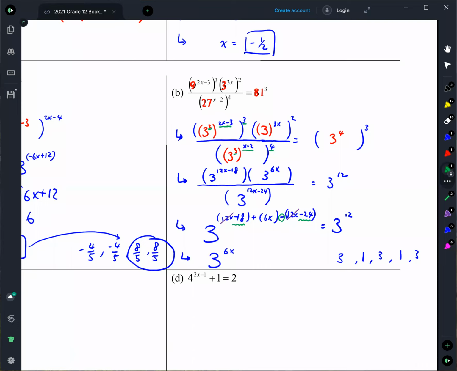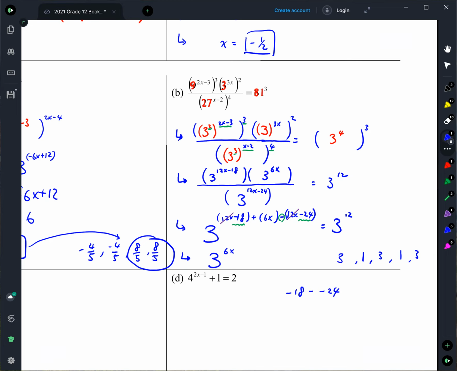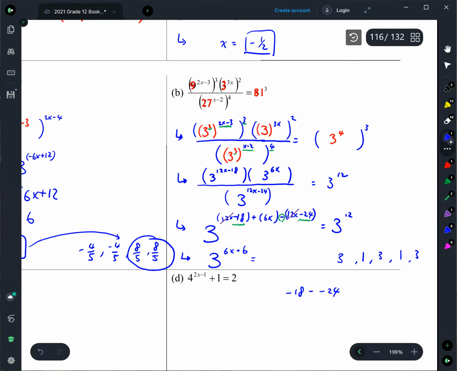Waylon, can you tell us what that equals? Negative 42. Oh wait, my bad. 6. Yeah, so it becomes 6. This is combining all the like terms, and that should equal 3 to the 12.